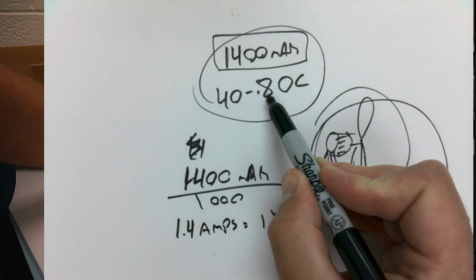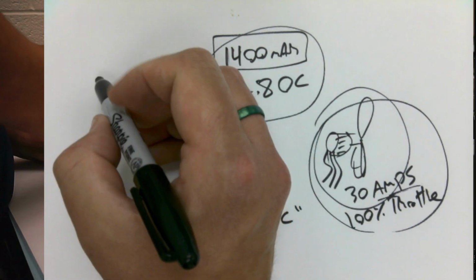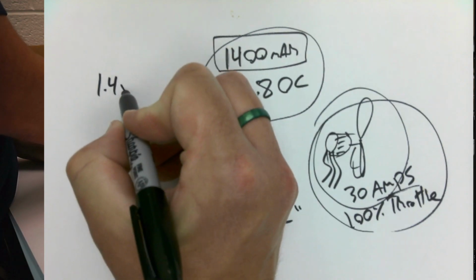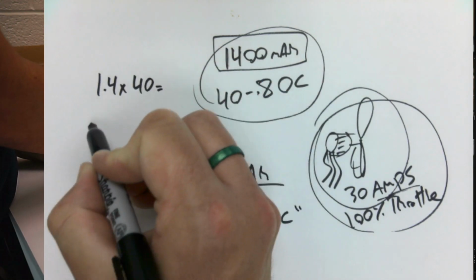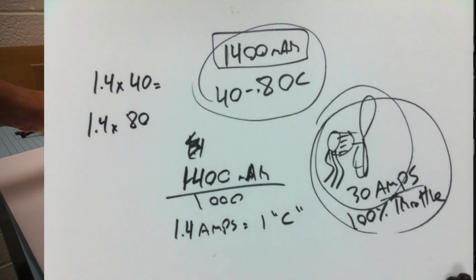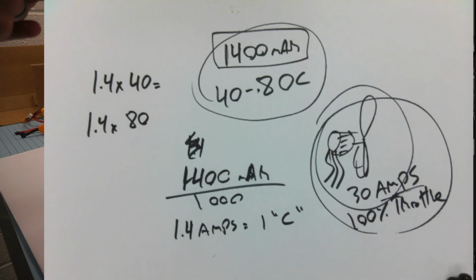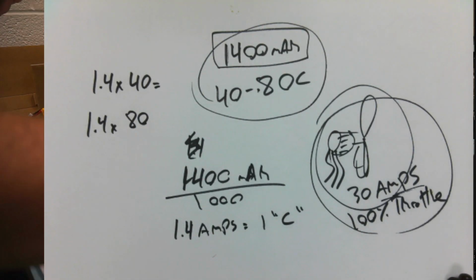Okay, so up here we have 40 to 80C. So once we know that 1.4 amps is 1C, let's go over here. We'll say 1.4 times 40, 1.4 times 80. Let me get my calculator out real quick. I want to show you guys on screen how much math I've forgotten since I was in school. All right, so we have 1.4 times 40 equals 56.